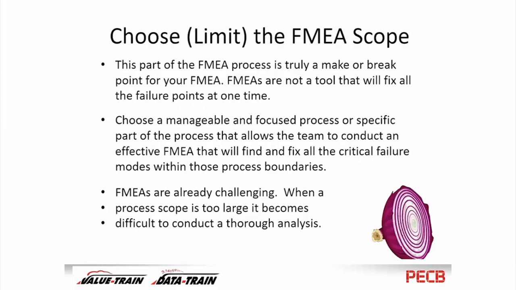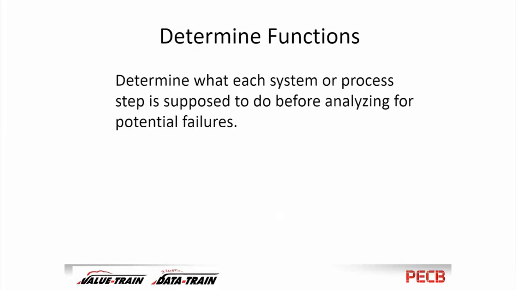Then we live in our scope, so we've talked about our scope. Now, let's get to the details of actually making an FMEA. So what does determining a function mean? A function is what this item is supposed to do.